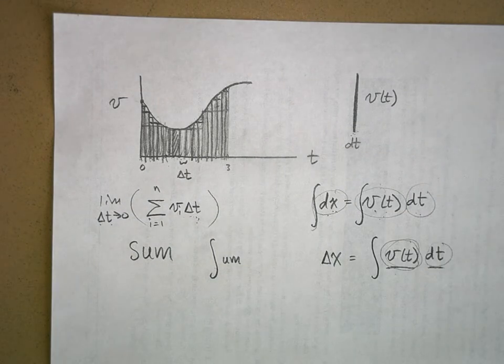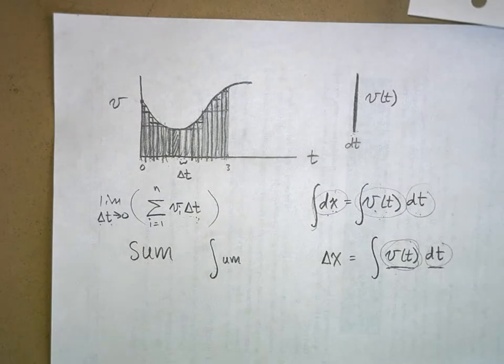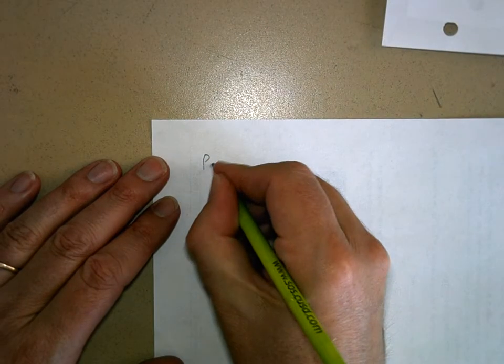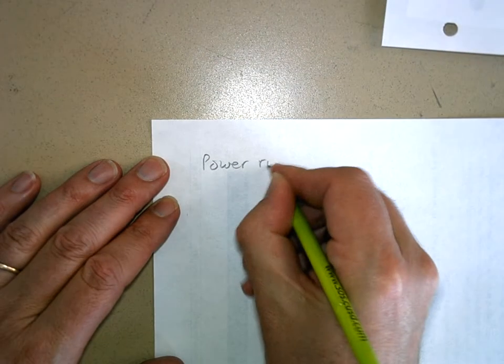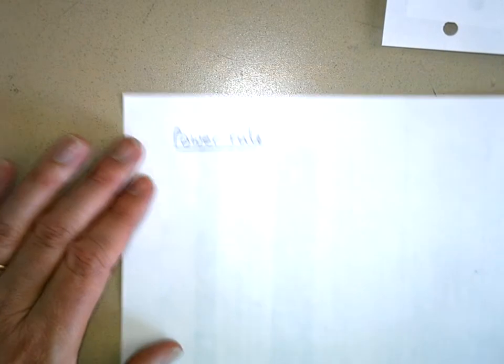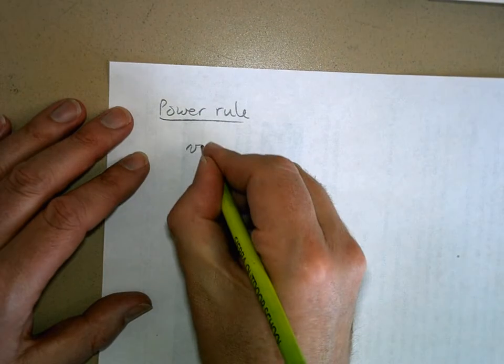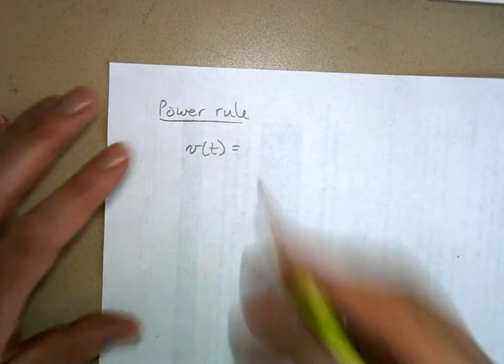Well, first let's go over the most important rule, and that is called the power rule. In the power rule of integration, let's say your velocity as a function of time is some kind of polynomial.